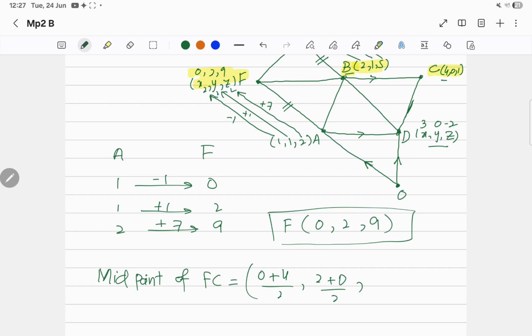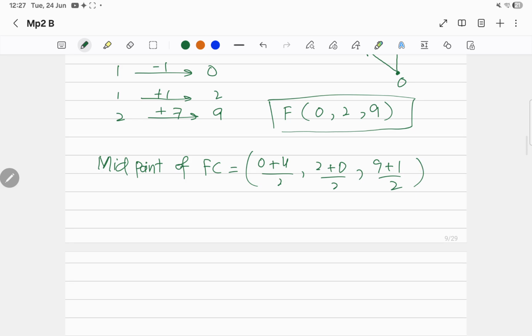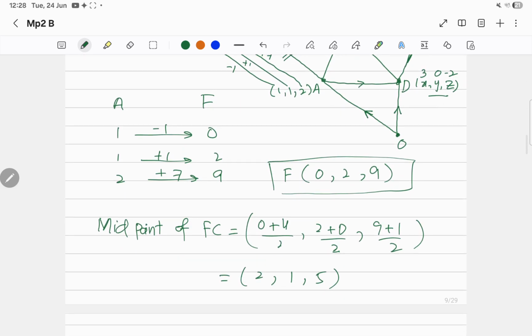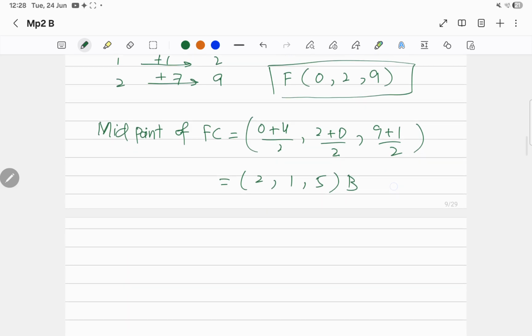Add the z coordinates, which are 9 and 1, so 9 plus 1 over 2. So 0 plus 4 over 2 is 2, 2 plus 0 over 2 is 1, and 9 plus 1 is 10 over 2 is 5, and it is the same as the coordinates of B, so that means B is the midpoint of FC.